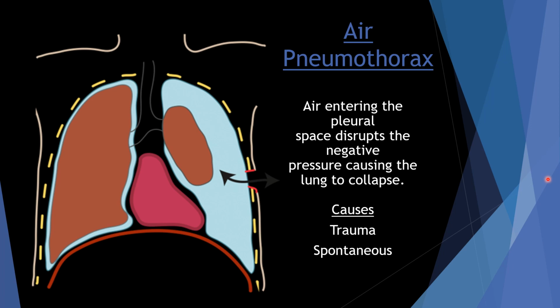So a patient with an underlying pulmonary history, or a patient who has really severe ARDS and is on a ventilator with that positive pressure, it can cause a compromise in that lung tissue and cause air to escape into the pleural space, disrupt that negative pressure, causing the lung to collapse.